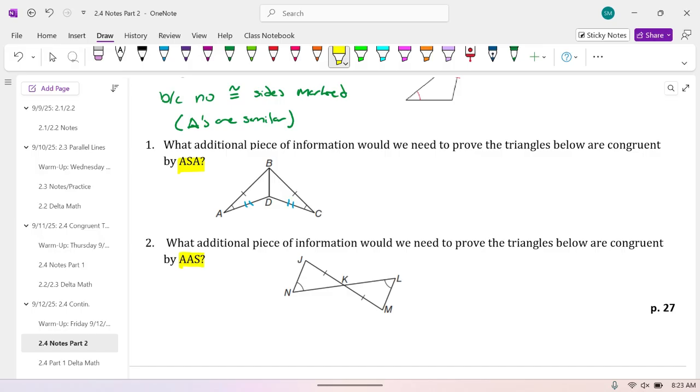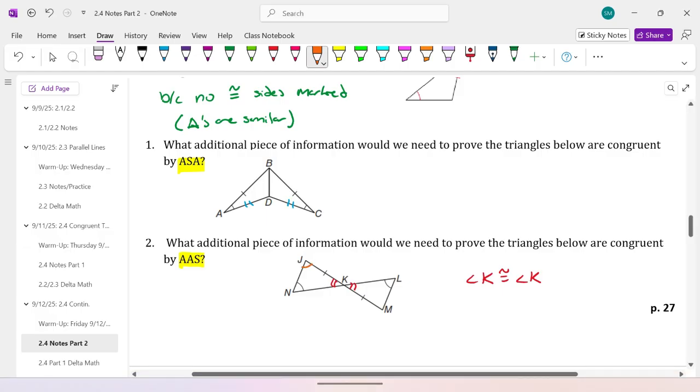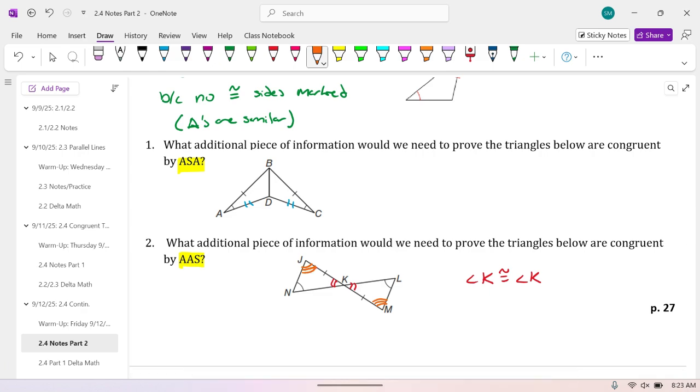Well, we either need to know that K is congruent to K, or we could also figure out if J is congruent to M. Either way would give us an angle, angle, side. Now, K is pretty straightforward because they're vertical. That would be an easy proof. J and M, we probably would need more information.